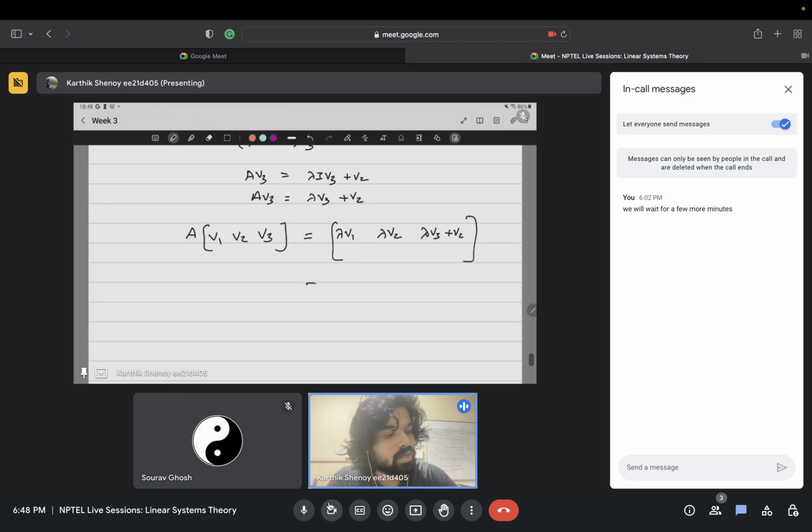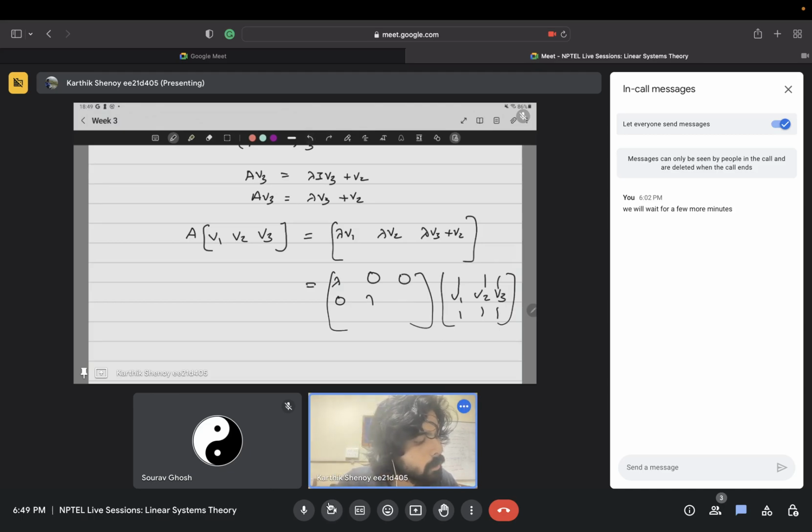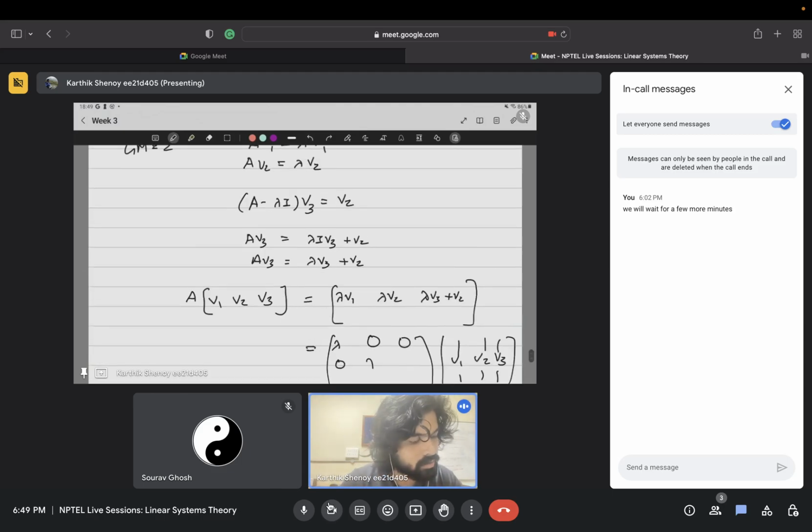So this is equal to, if you write V1, V2, V3, these are vectors, this is nothing but lambda, 1, lambda, 0, 0, 0, lambda. Sorry, it will be 1 there, just a second. I think I wrote it the other way.